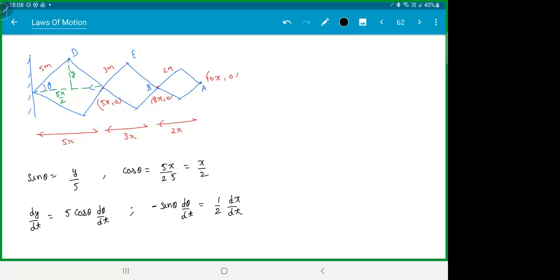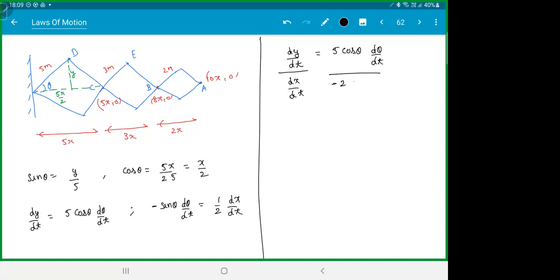If you divide these two, you end up with dy by dt by dx by dt is minus 2 cos theta by sin theta, that is minus 5 by 2 cot theta.